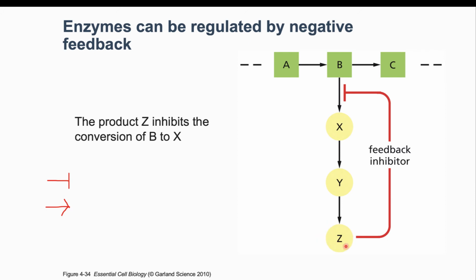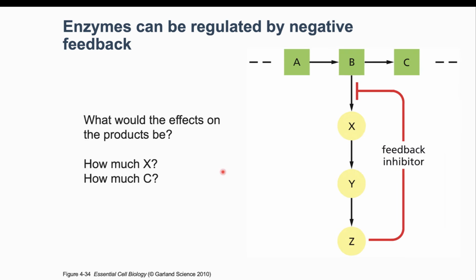As we have more Z present, we're going to shut down more and more of the enzymes that convert B to X. As levels of Z increase, we're going to see a decrease in the production of X, a decrease in the production of Y, and a decrease in the production of Z. So what would we see as an effect on X?